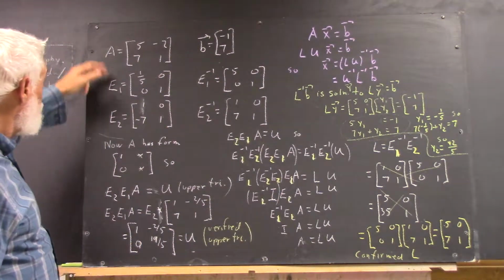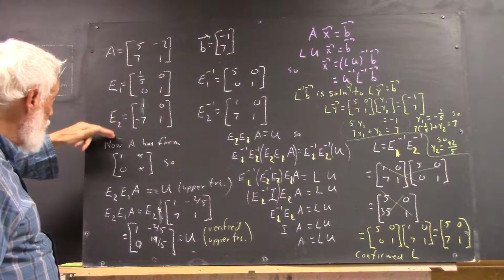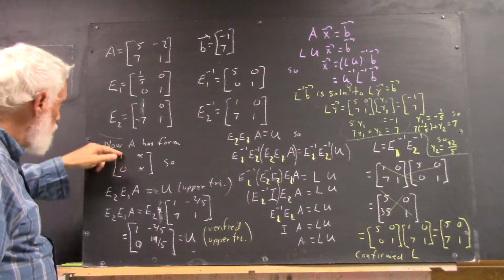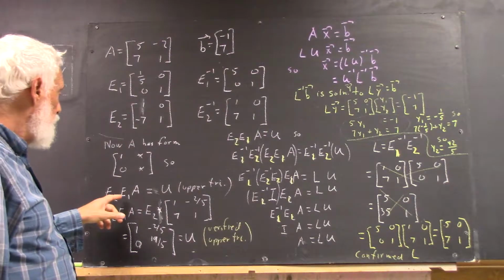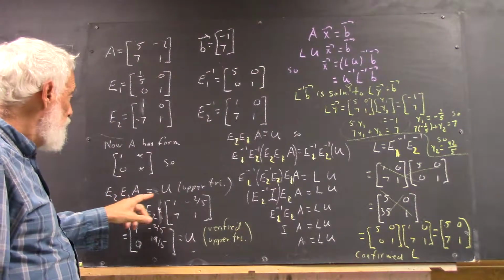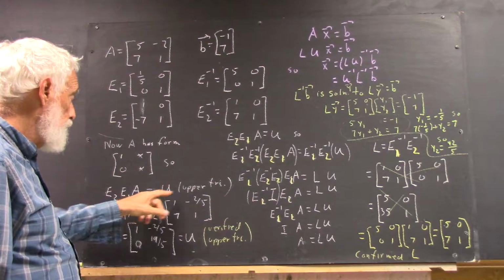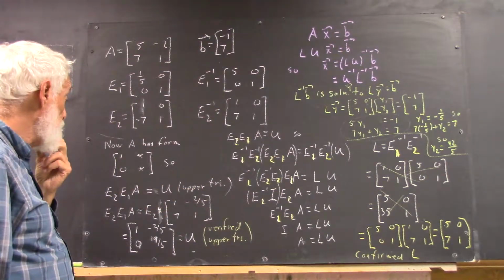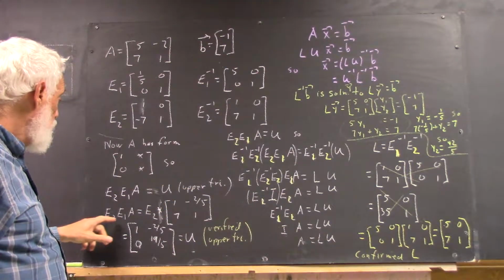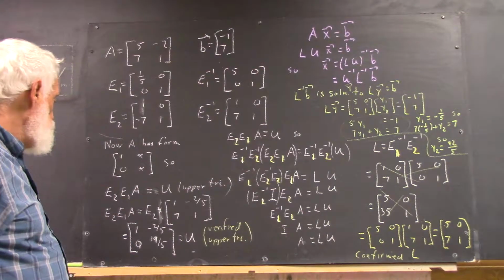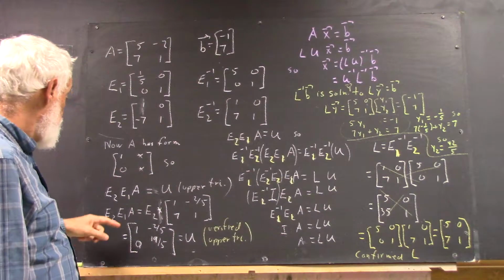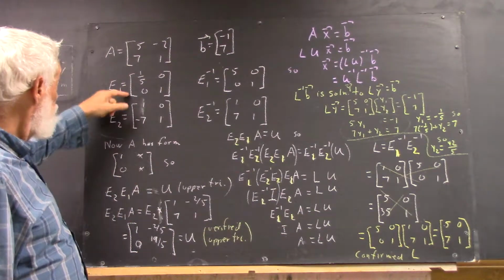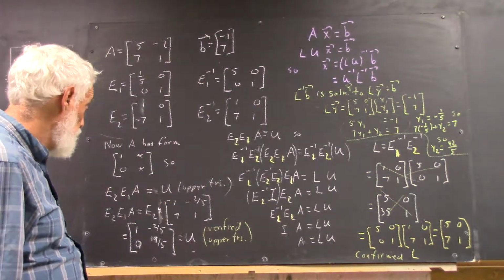So if we multiply this by A, we get a matrix, and if we multiply that then by E2, we'll get a matrix in this form. So E2 times E1 times A is going to be a matrix like this, and this matrix is upper triangular. Using the given matrix, E1 times A, you can verify it, gives us this matrix.